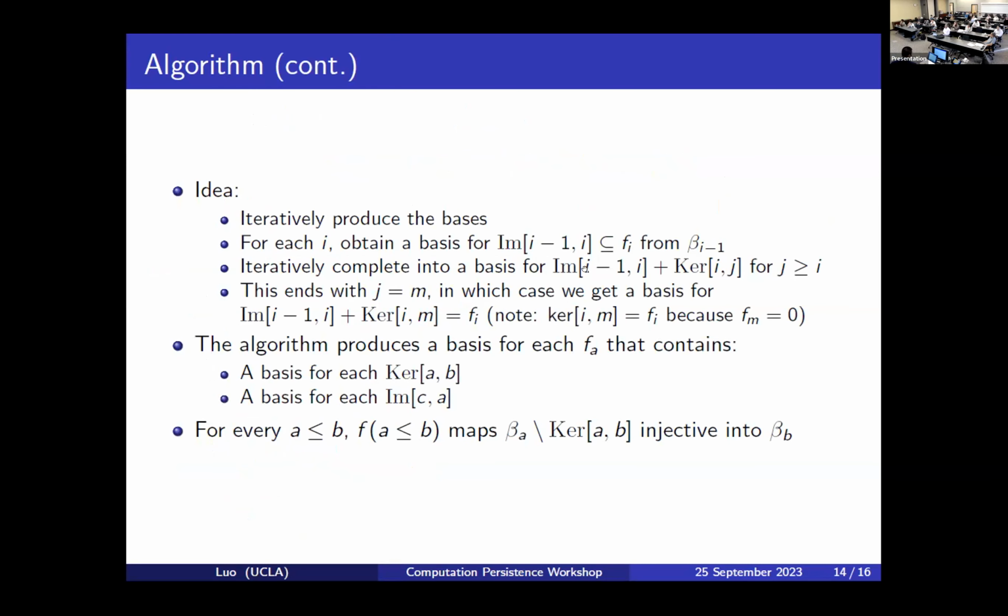We're iteratively completing our basis into a basis for M I minus 1 comma I plus the kernel from I to j. We start at j equals I, and this ends when j equals m, because, as we noted earlier, fm is equal to 0, which means M I comma m is equal to fi, and therefore this whole thing is equal to fi. So ultimately we do end up with a basis at I.